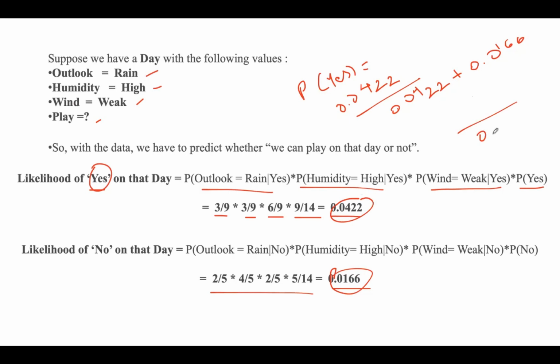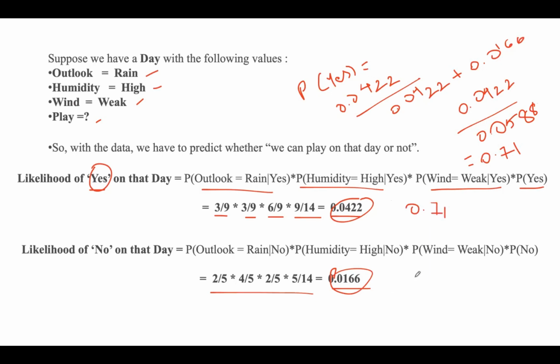This is 0.0588, which gives you 0.71. So after normalization, probability for yes is 0.71.